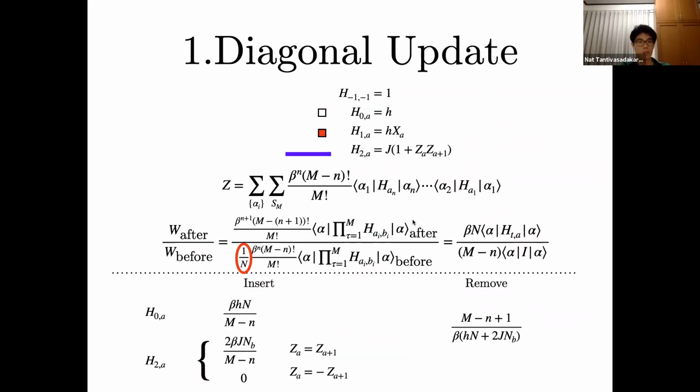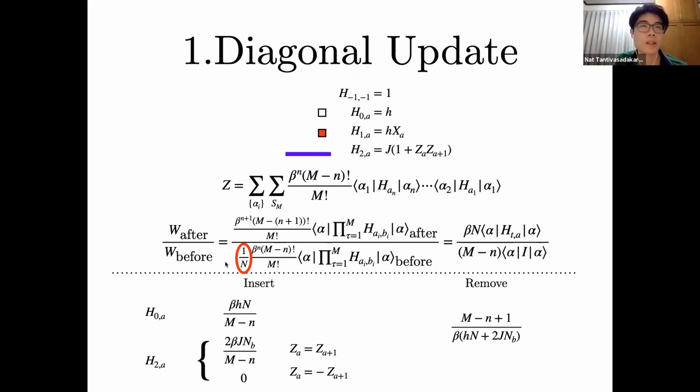And so I need to calculate the ratio of the weights before and after. So before is identity, and it turns out I have to put a 1/n here just because the identity can be placed at any location, for any site. So I have to normalize by 1/n.